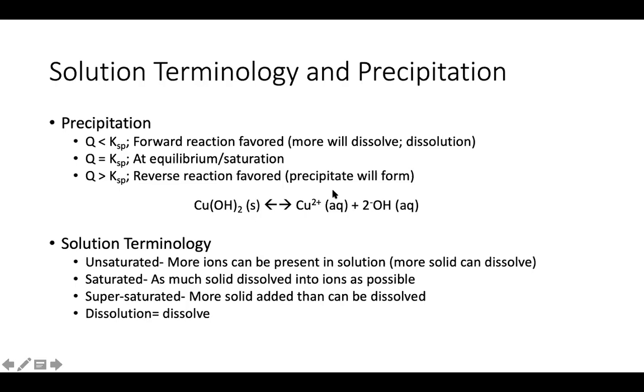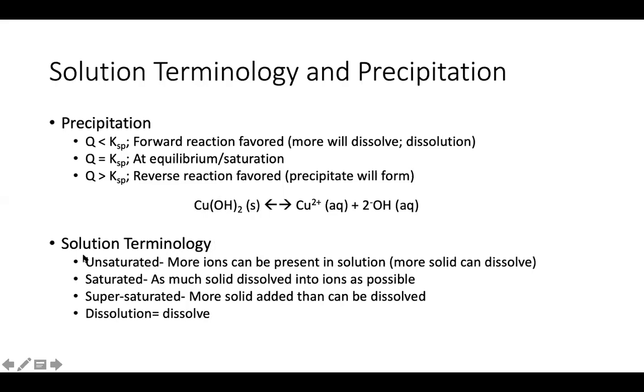Basically, in selective precipitation, we add a certain amount of one ion through a salt and a certain amount of another ion through a salt, and if you multiply them and the Q is greater than the Ksp, then precipitate will form. So in these problems, we're basically solving for the concentration of an ion needed to be at Ksp, because as soon as the concentration goes above that, the precipitate will start forming.